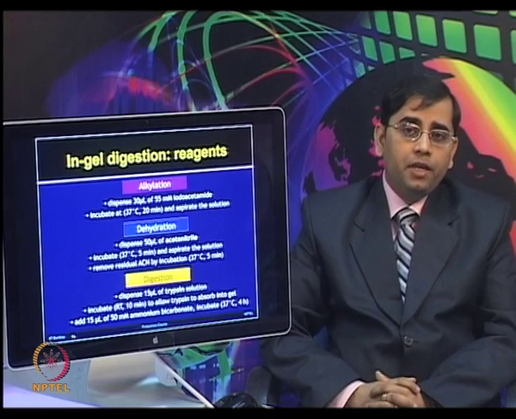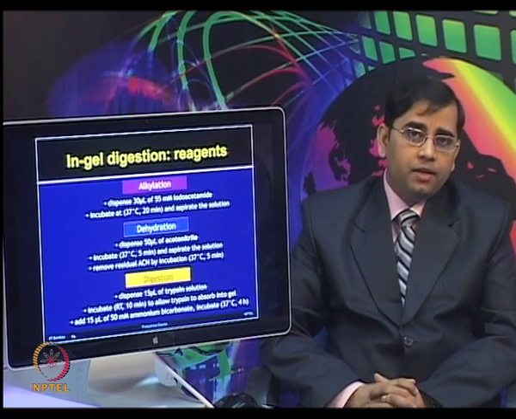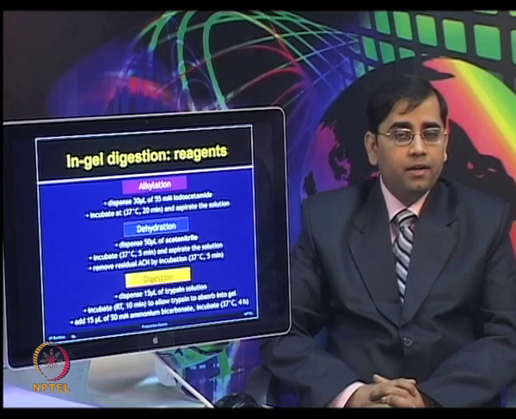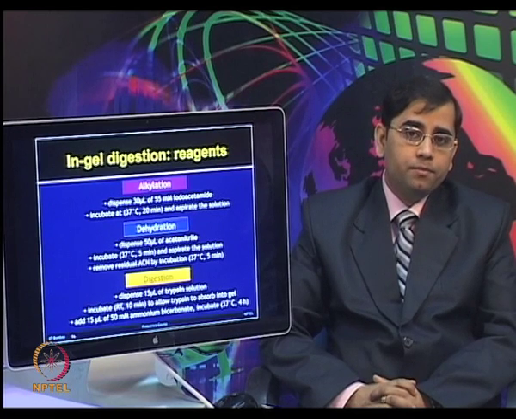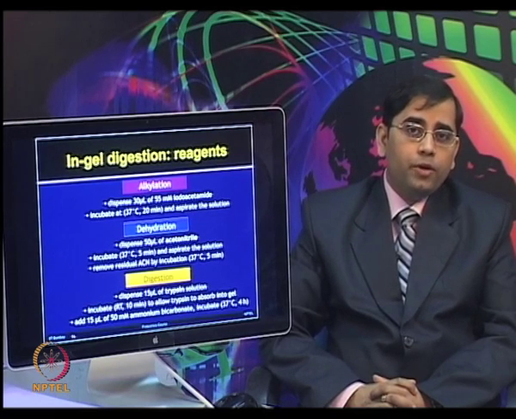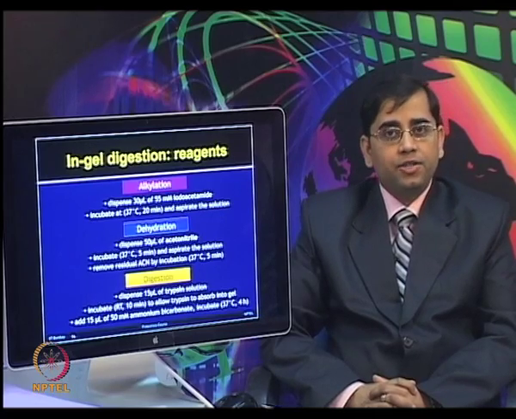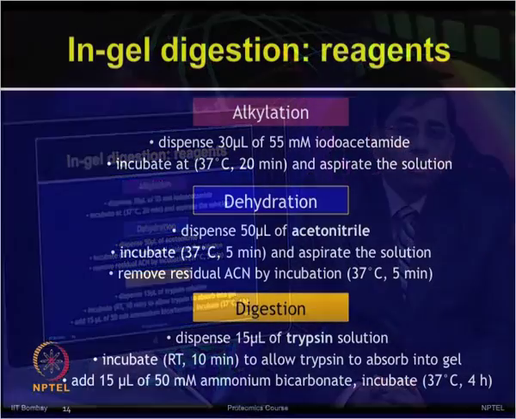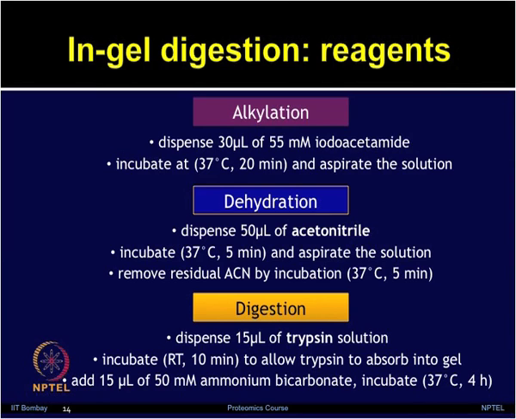Continuing on the same theme of in-gel digestion and the various steps required to perform such an experiment, let us now look at the next step, which is alkylation. In the alkylation, you need to add iodoacetamide. The reformation of disulfide bonds may occur.